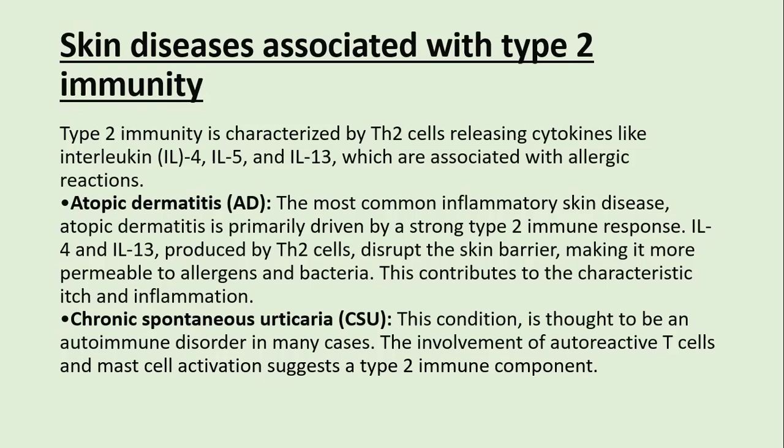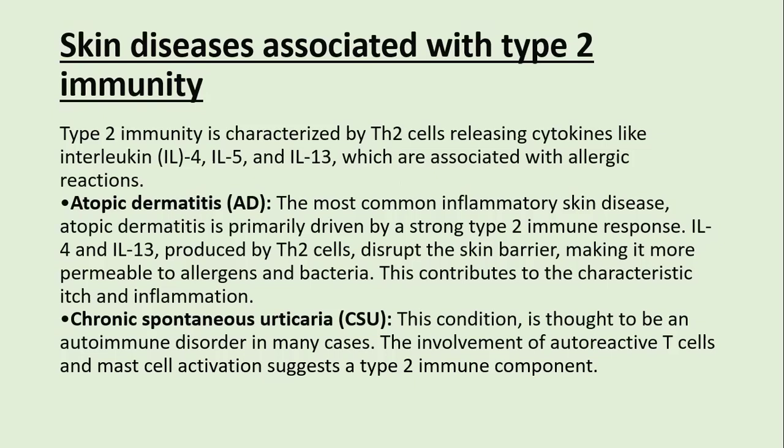So, atopic dermatitis is one of the very important allergic conditions, an inflammatory skin disease driven by a strong type 2 immune response and initiated by interleukin 4 and 13. It disrupts the skin barrier, making it more permeable to allergens and bacteria, and contributes to the classical itch and inflammation.